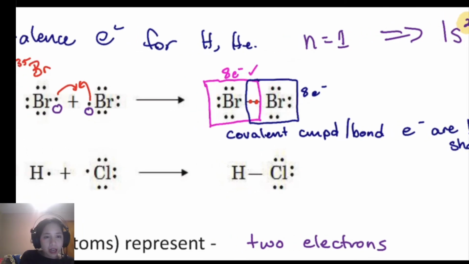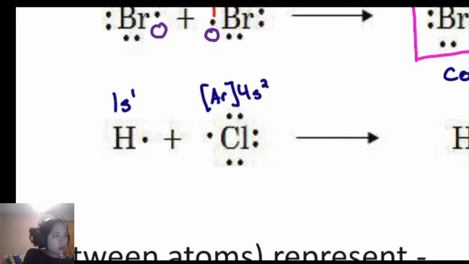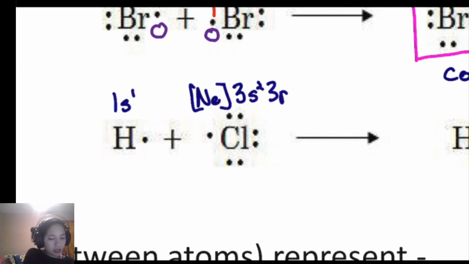All right. And so here is another example, between a hydrogen atom and a chlorine atom. Hydrogen is just 1s1, while chlorine is neon 3s2 3p5.